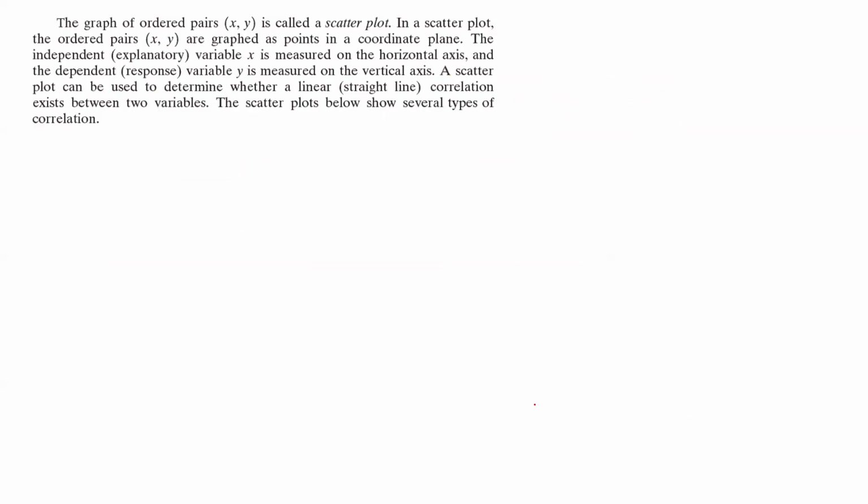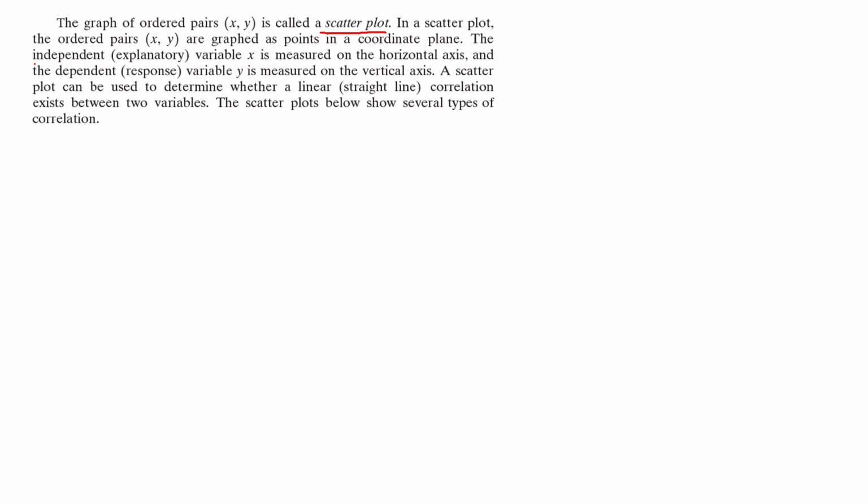The graph of ordered pairs (x, y) is called a scatter plot. In a scatter plot, the ordered pairs x and y are graphed as points in the coordinate plane, or xy plane.